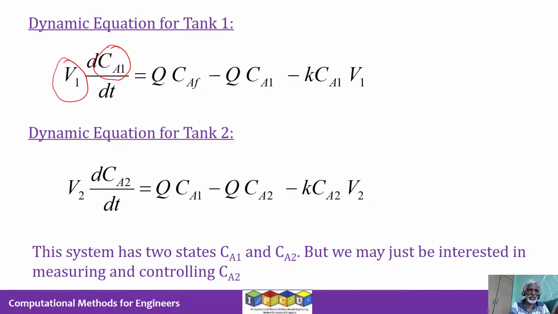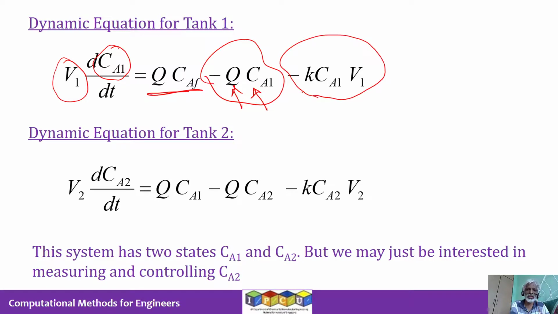So V1 dCA1/dt equals the inflow, with the same symbols we used in example 4, minus Q, the volumetric flow rate, times CA1, the concentration of the exit stream from reactor 1. That is the outflow of A from reactor 1, and this is the loss of A due to the reaction. So we use CA1 here, and we also use V1 here.